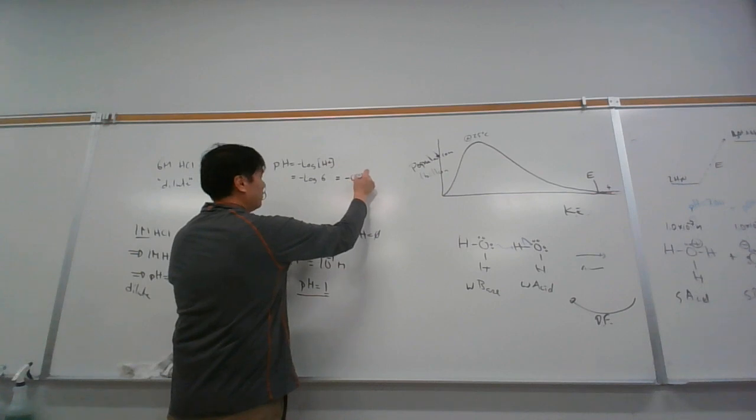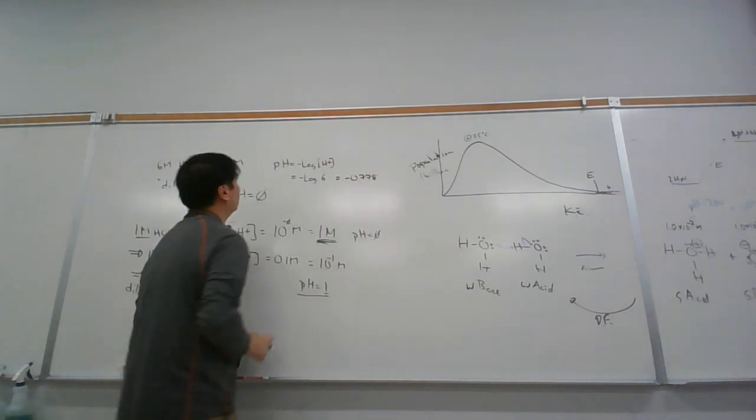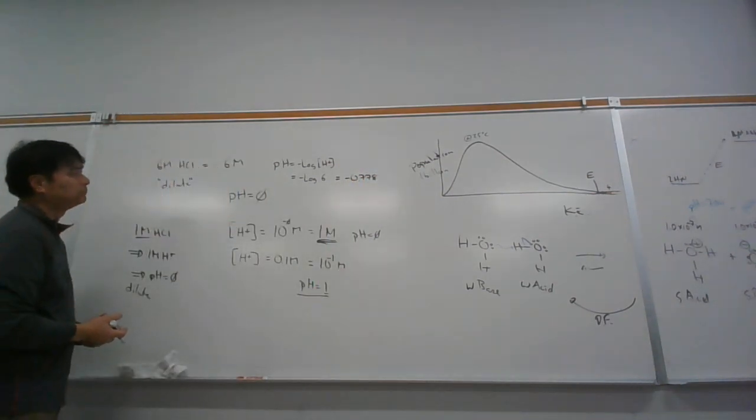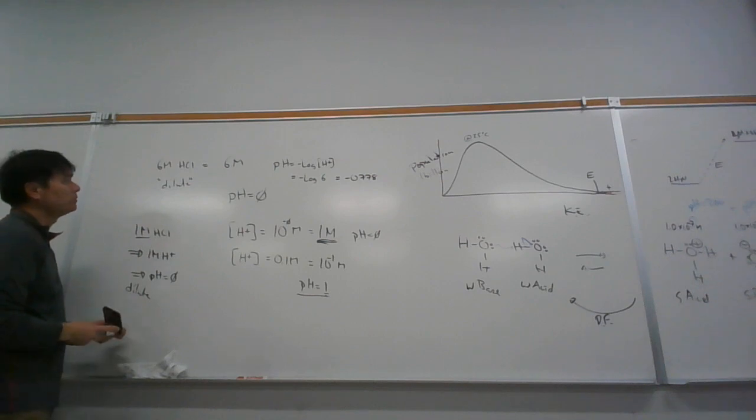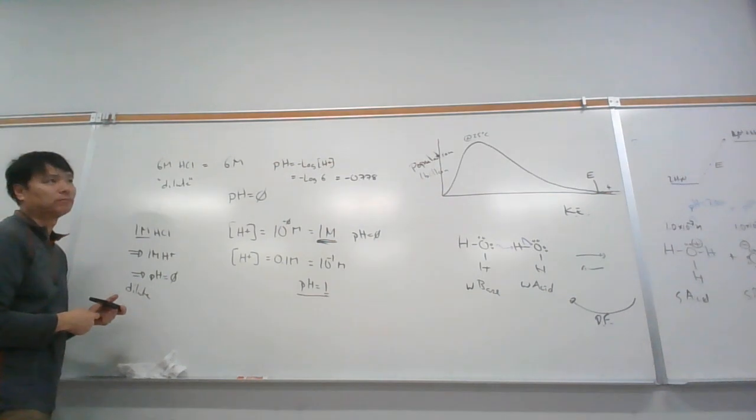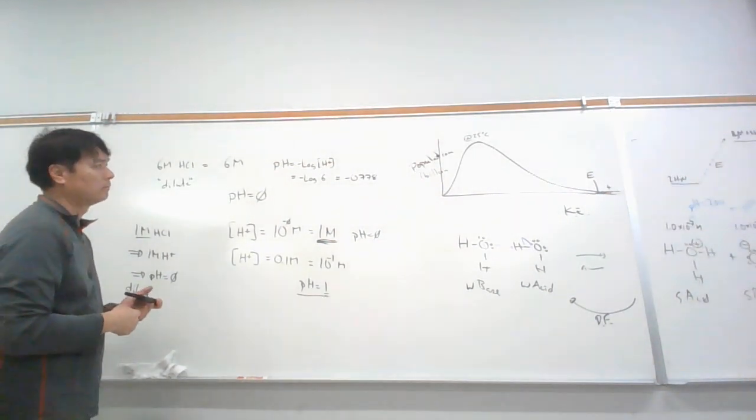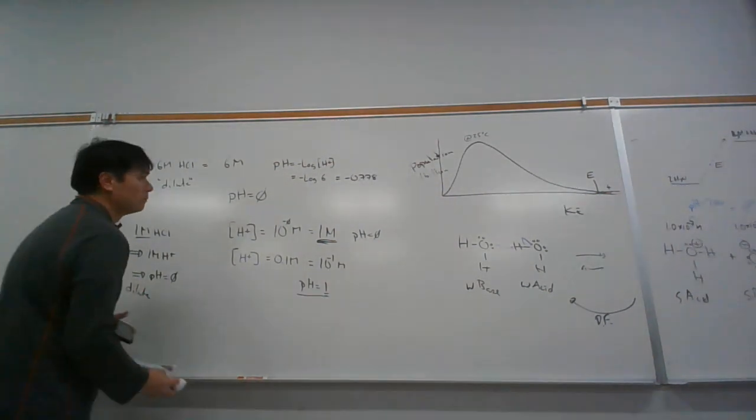Negative 0.778. And so the pH of 6 molar is already negative. It's negative 0.7, negative 0.8. Oh my god.